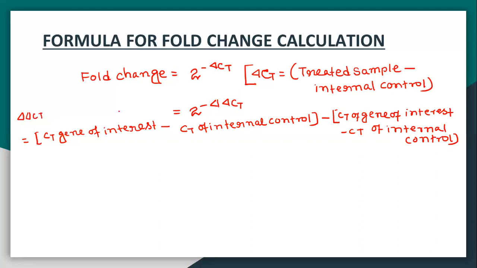When we take two genes and two internal controls, we calculate 2 to the power minus delta delta CT, and 2 to the power minus delta CT for a single gene.